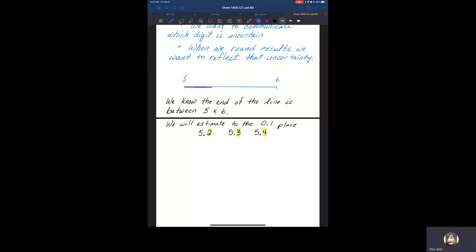And this time, this ruler actually has some nice subdivisions, which is pretty cool.